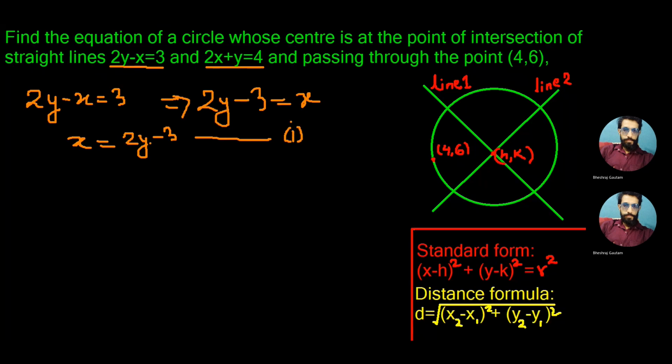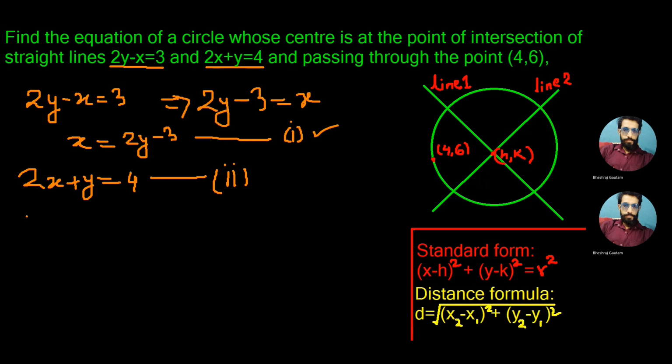Now, equation of second straight line is 2x plus y is equal to 4. In this equation, let's put the value of x from above, that is equation number 1.